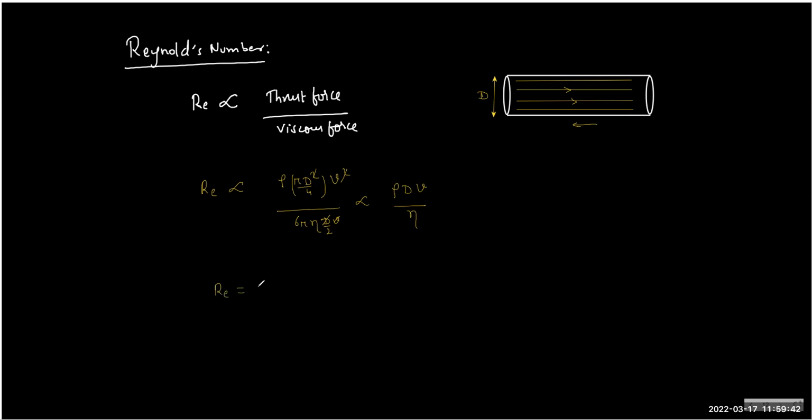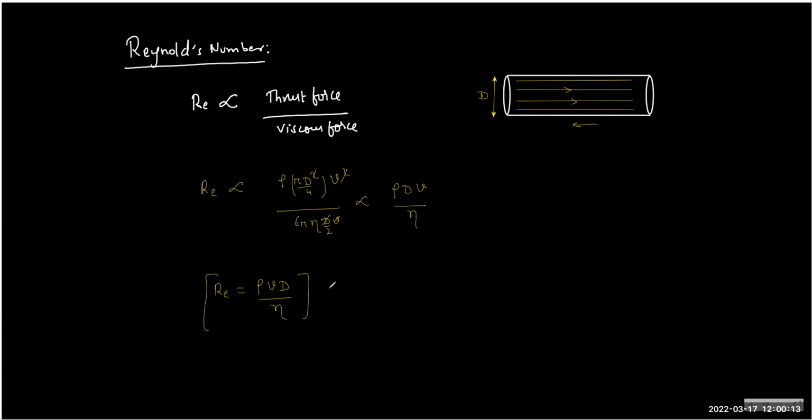So the Reynolds number is actually written as rho V D by eta. This is the definition adopted by physicists or mathematicians.